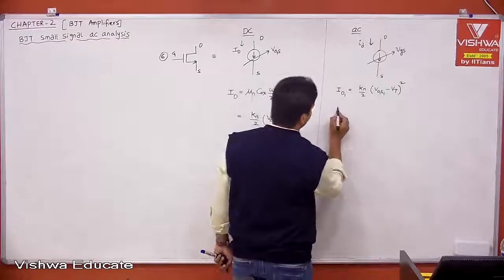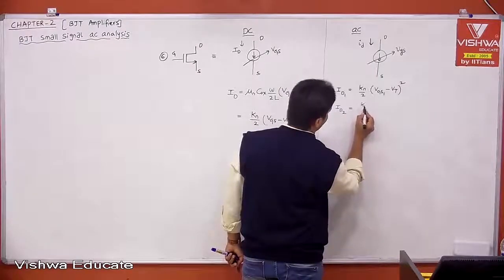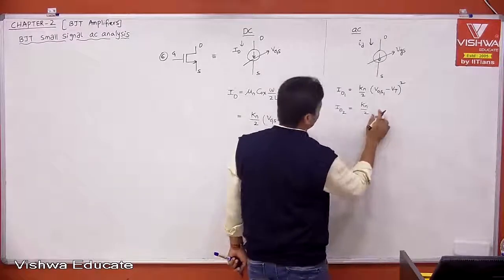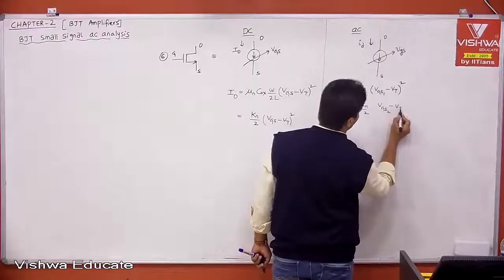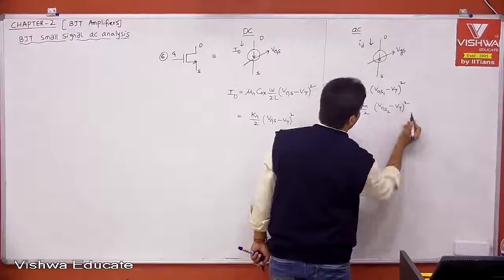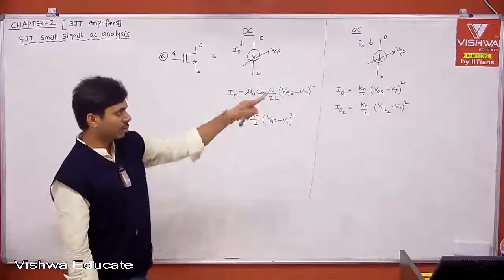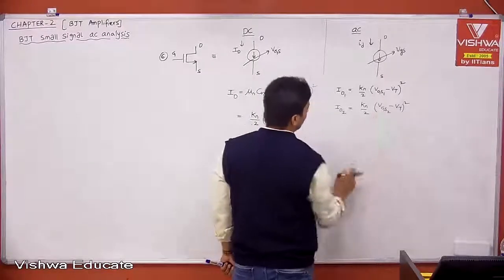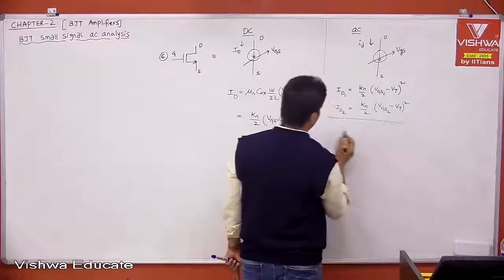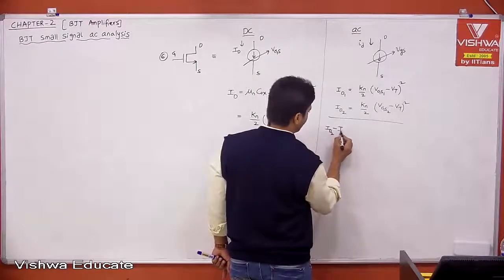Now let's see what is ID2. ID2 is equal to Kn by 2 into VGS2 minus VT whole square. Like your BJT, this is not straightforward because we have a square term. Then we need to subtract. Therefore, this is nothing but ID2 minus ID1.